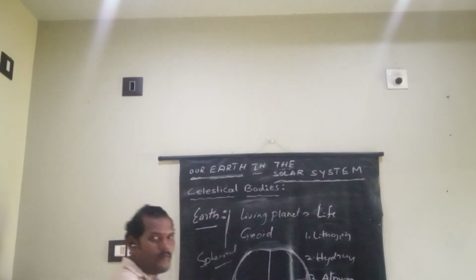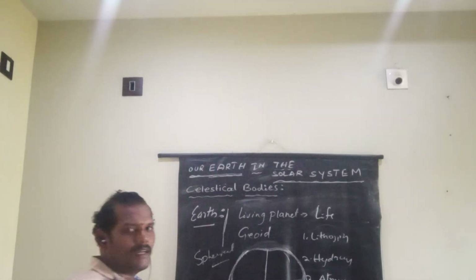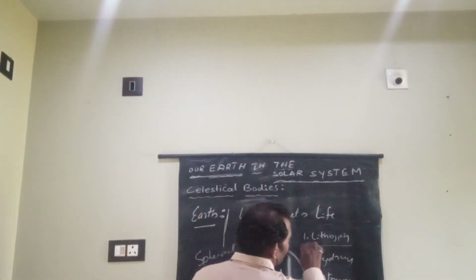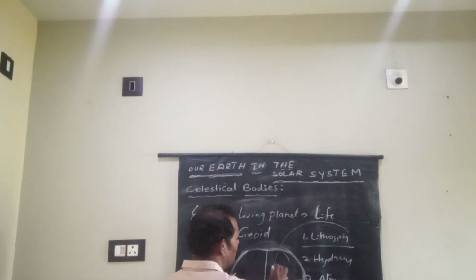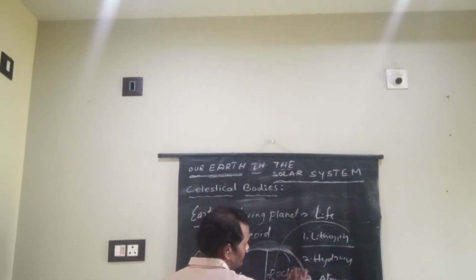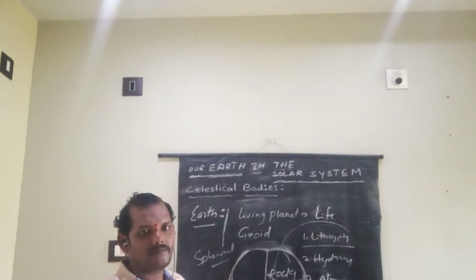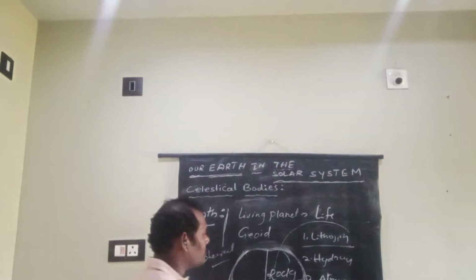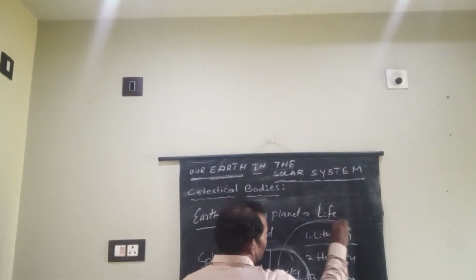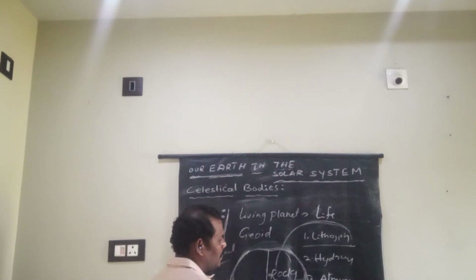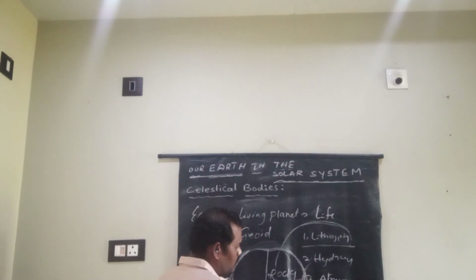Fourth one is the biosphere. The lithosphere means the part covered by rocks. Where we are living, this is called the lithosphere, which consists of rocks.